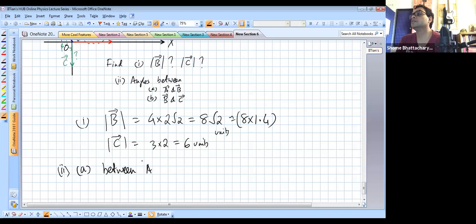Between A and B, you can see from that diagram, the angle alpha will be 90 plus 45 or 135 degrees. And similarly, between B and C also it will be the same. The angle beta, that's also 135.